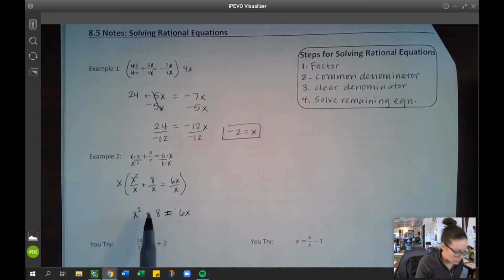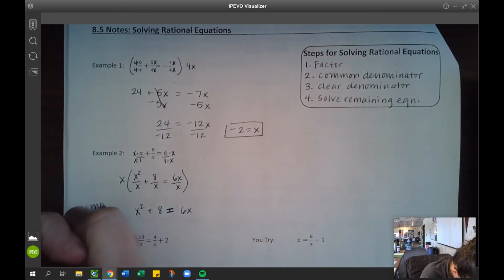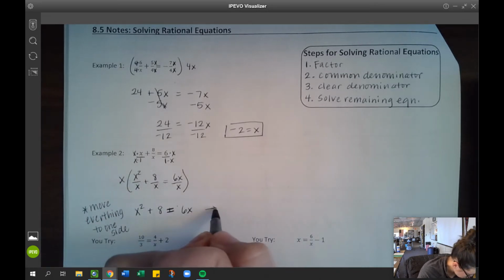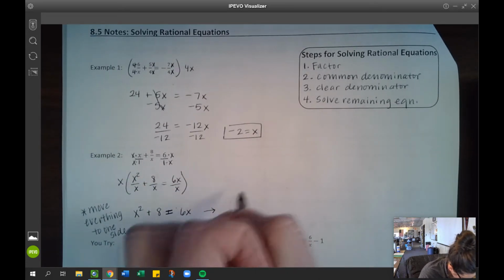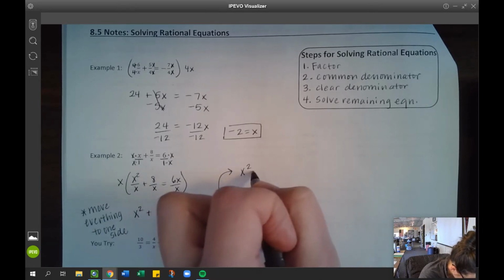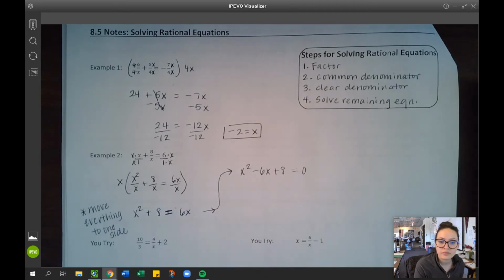If you have a quadratic equation, you need to move all terms to one side. We're going to set it equal to 0. So that leaves me with x squared minus 6x plus 8 equals 0.